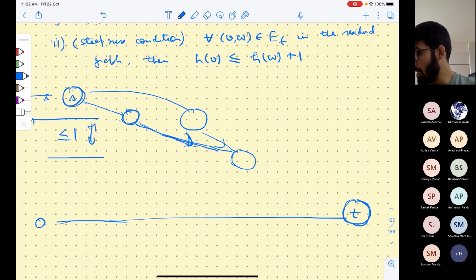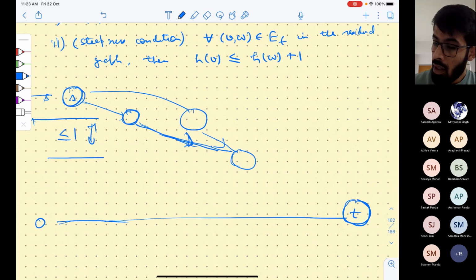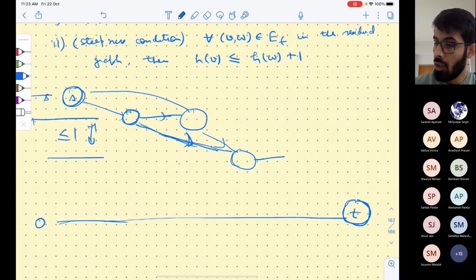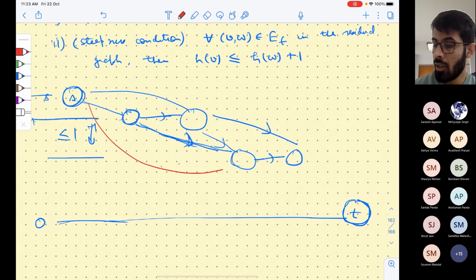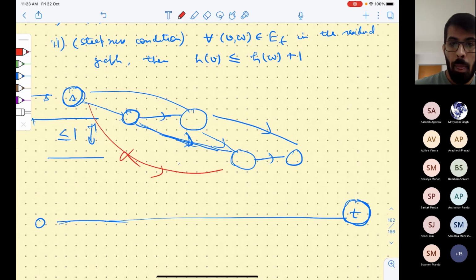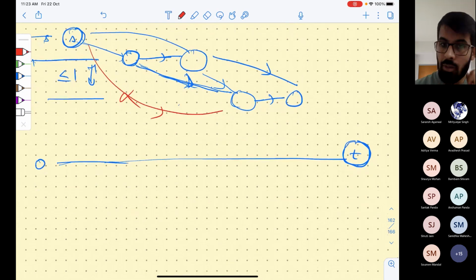So there can be an edge like this when they are at the same height, and here also there can be an edge like that. But there cannot be an edge like this, which is not allowed, where the difference in height is more than 1.